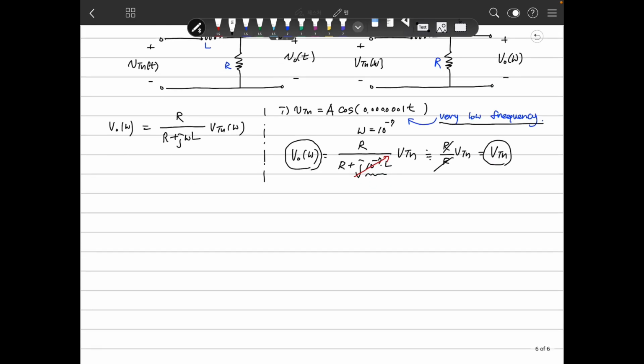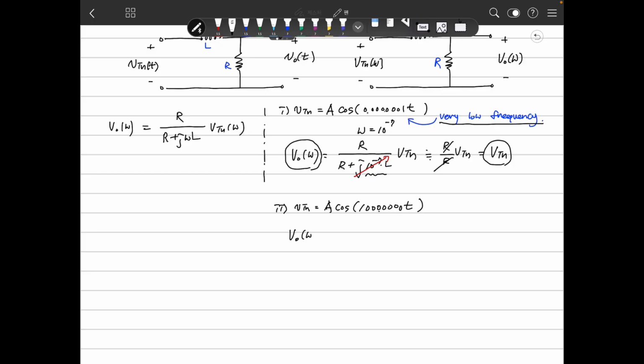How about a very high frequency? A cosine of omega t.